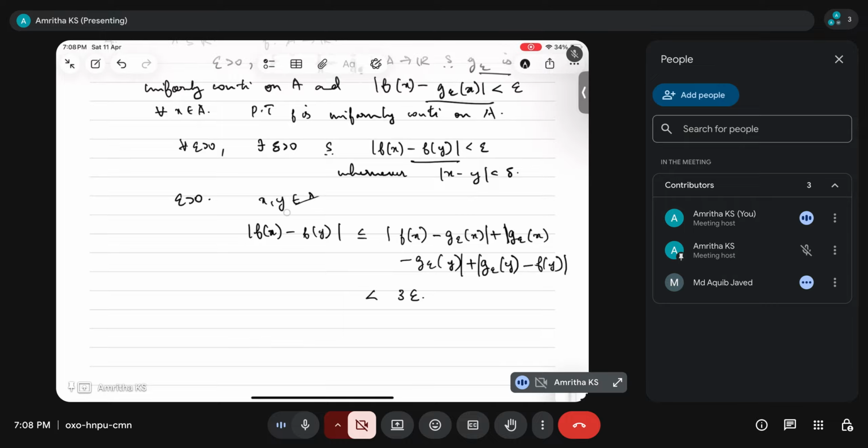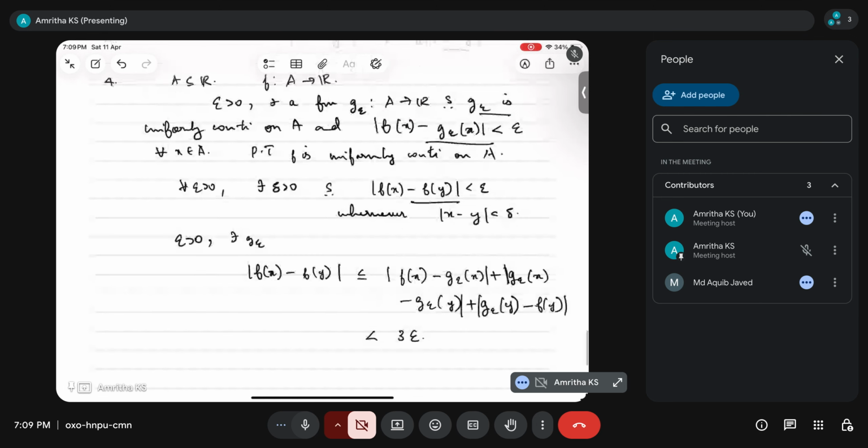So in that case, now if this is true, then there exists the epsilon such that this holds, right? Yeah, that the properties hold.